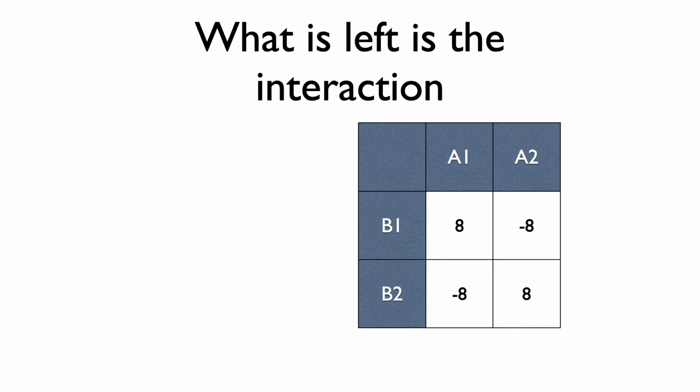Now, see this? We've taken out A, we've taken out B, we've taken out mu. We've got this left over, alpha beta. There's an interaction. So over and above the effect of A and the effect of B, there's a separate effect of AB.